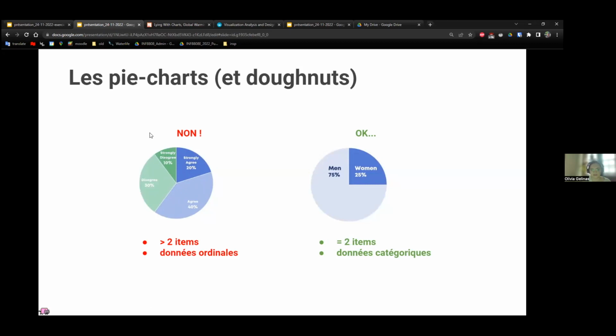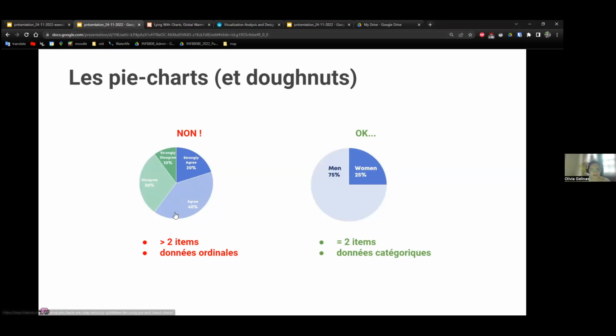If we put this in a bar graph, it would be a lot easier to compare and see the different points, because the lengths are really comparable, one next to the other, instead of having to compare the different angles.